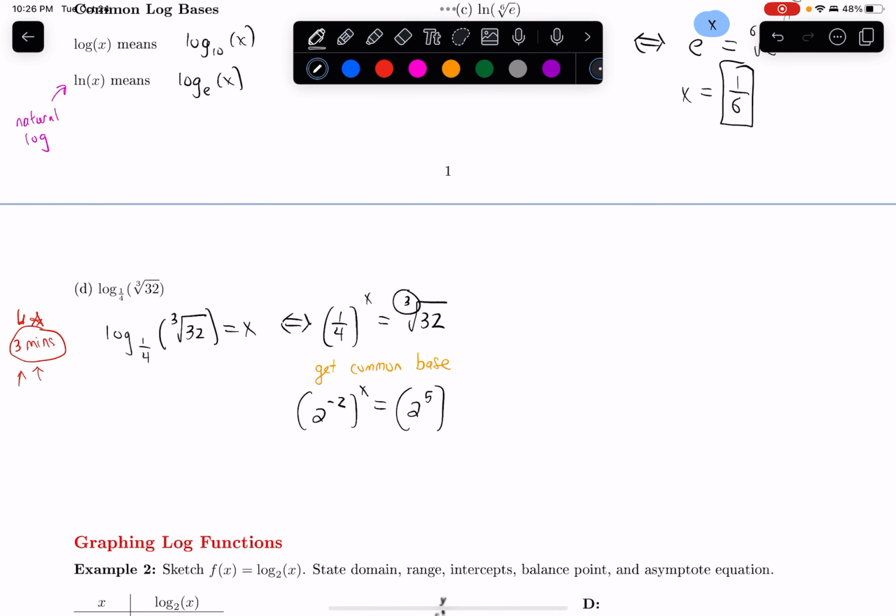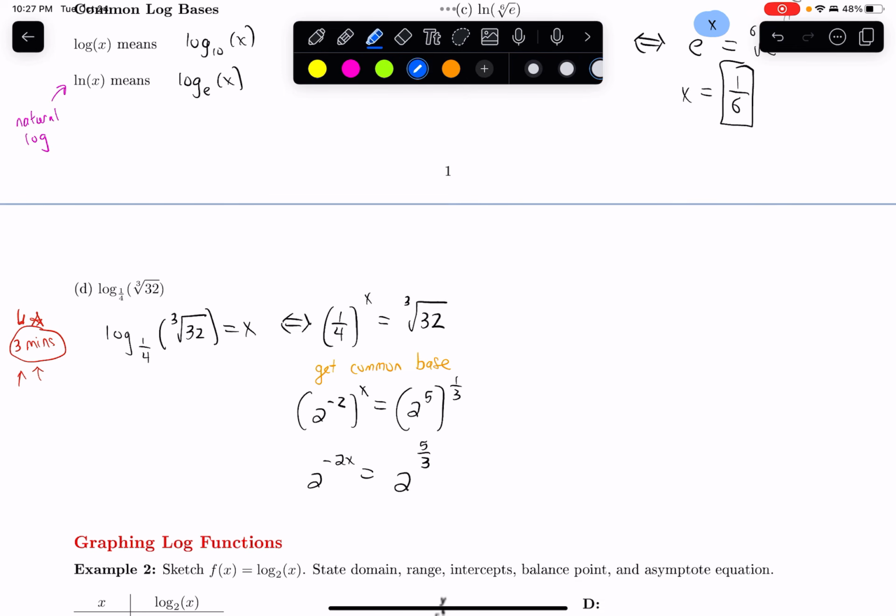If that whole thing is being cube rooted, a cube root means I have a 1 over 3 power. Now, if I have a power and then that whole thing is to another power, I get to multiply the powers. So I get 2 to the negative 2x. Same thing here with these powers. If I multiply those, I get 2 to the 5 over 3.